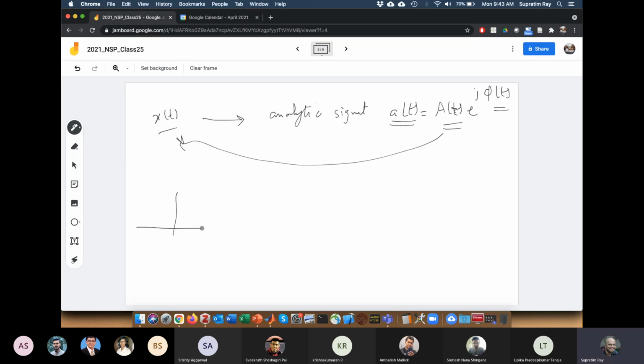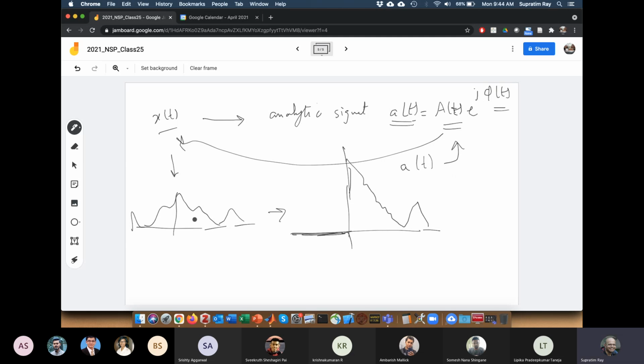Okay, so if I've got a signal which has a Fourier transform that looks like this, some arbitrary Fourier transform, you transform this to another signal which is twice on one side and 0 on the other side. This is the analytic signal. Once you do that, this is not a real signal. It's a complex signal, so it will have a complex amplitude and a complex phase, it can be written like this.